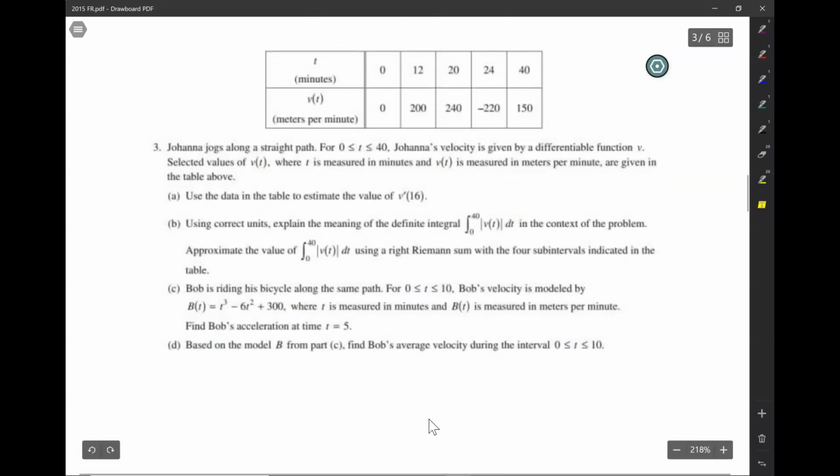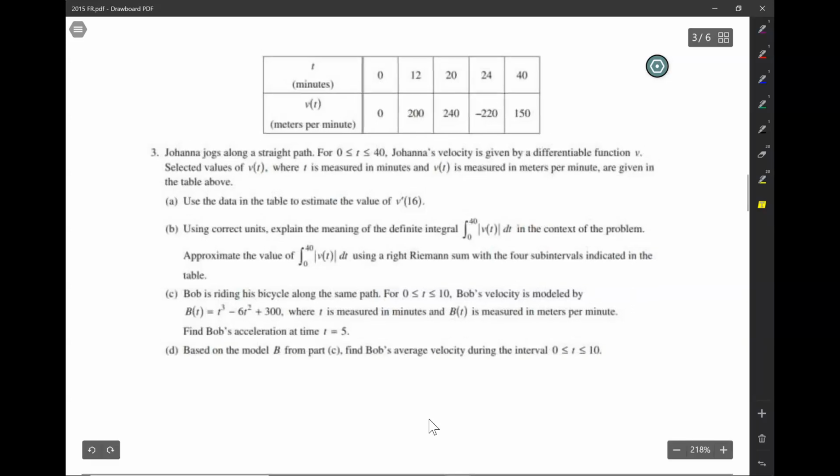So we're given the table, and time goes from 0 and then 12 and 20. We don't have 16, but the rate of change at 16, that's going to be the average rate of change, right? 16 falls within that interval.